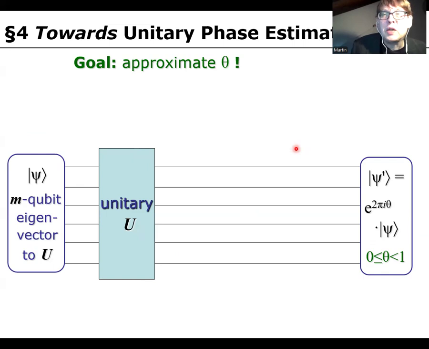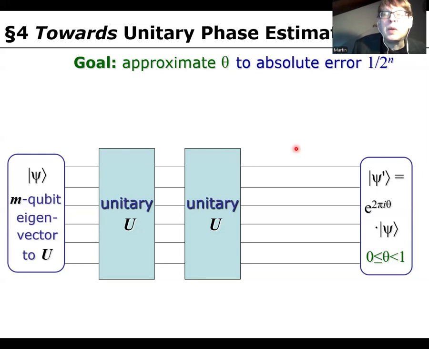And the solution circuit will hopefully approximate this phase up to absolute error 2 to the minus n, where n is an integer parameter that we can fix and choose in designing the solution circuit. And the solution circuit will probably apply this unitary matrix several times.